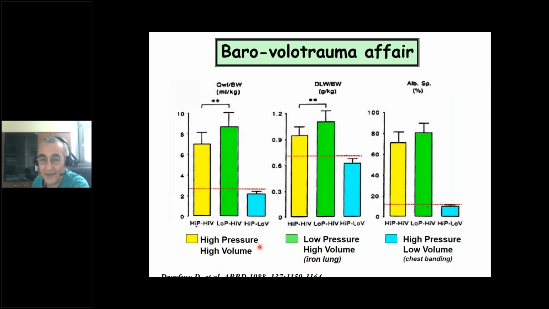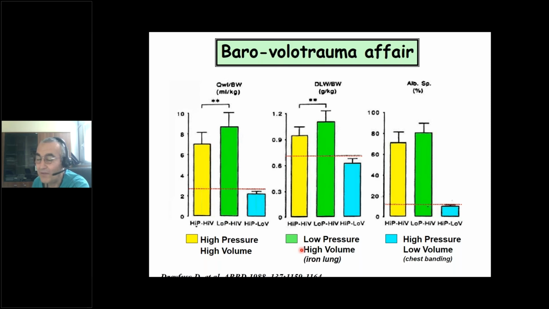It's an experimental study. To make a long story short, these are indicators of lung damage, 1, 2, and 3. Those are the normal level.